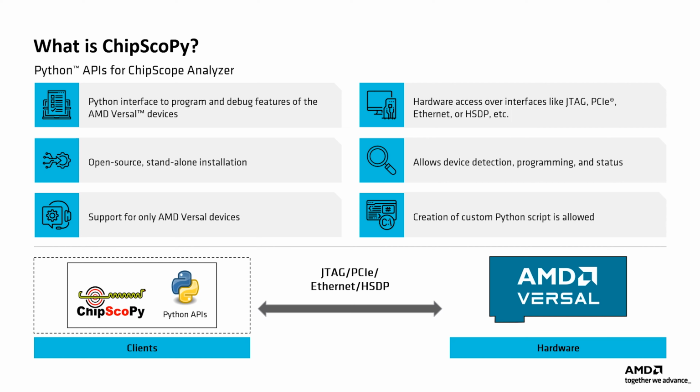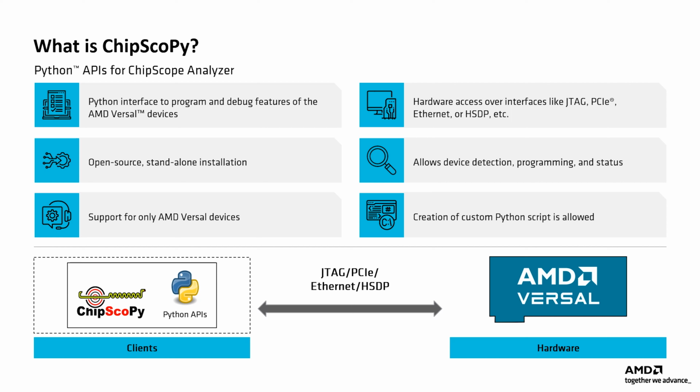ChipScoPy is an open source project that enables high-level control of the Versal debug IPs in the design. Using these Python APIs, developers can control and communicate with debug IP cores such as the ILA, VIO, device memory access, and more. ChipScoPy is currently only supported for Versal devices.